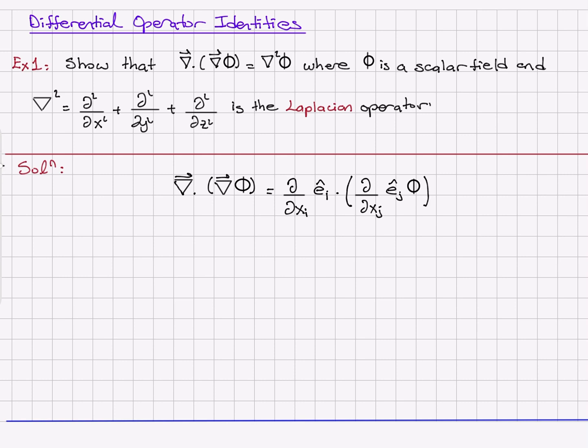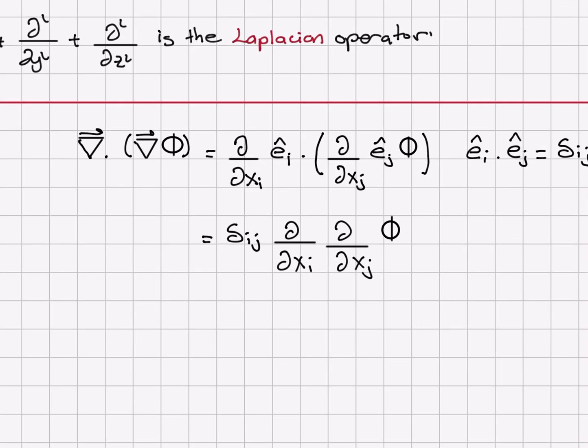Okay. Now what is ei hat dot product with ej hat? That is the Kronecker delta ij. So that means this is equal to Kronecker delta ij, del xi del xj, acting on our scalar field phi. Now, the Kronecker delta implies that these two indices i and j must be equal.